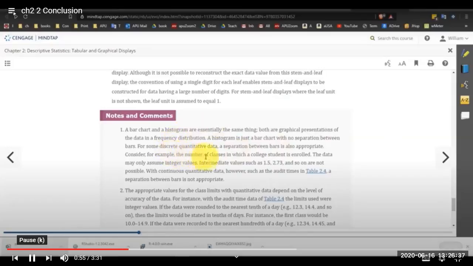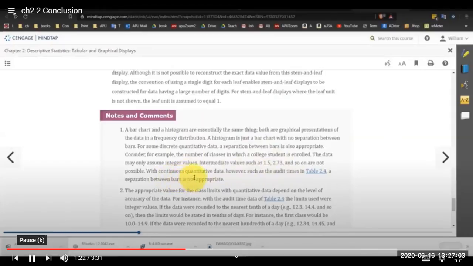Consider, for example, the number of classes in which a college student is enrolled. The data may only assume integer values, right? You can't be enrolled for 1.5 classes or 2.73 classes. Those are not possible. With continuous quantitative data, however, such as audit times, a separation between bars is not appropriate.